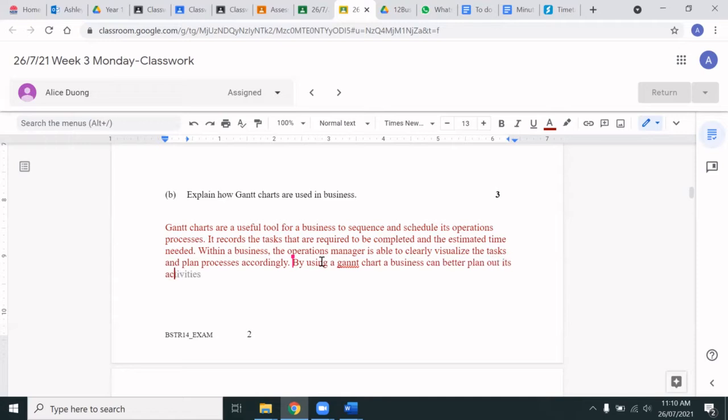By planning out its activities to make sure that they are finished earlier.